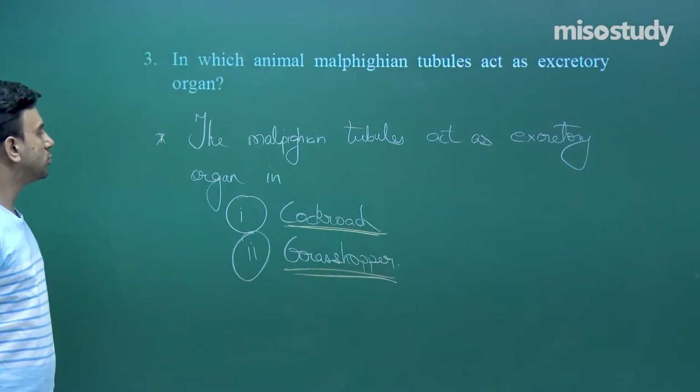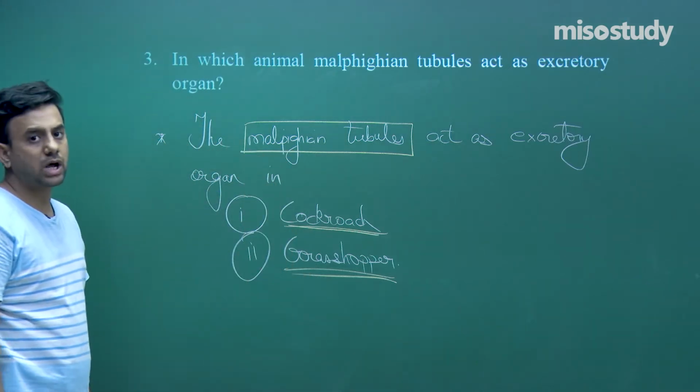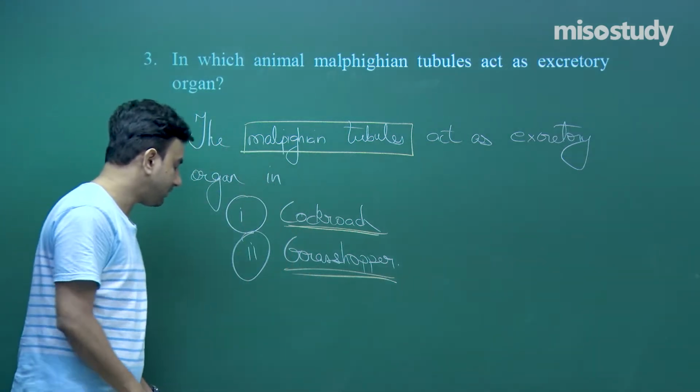So, the Malpighian tubules act as excretory organs in the cockroach and the grasshopper.